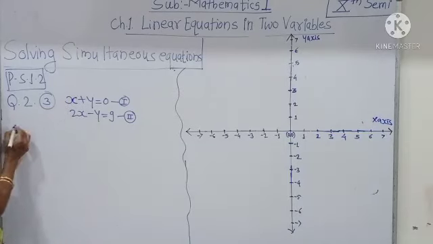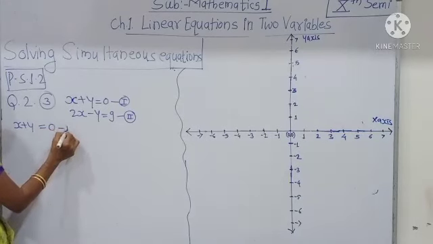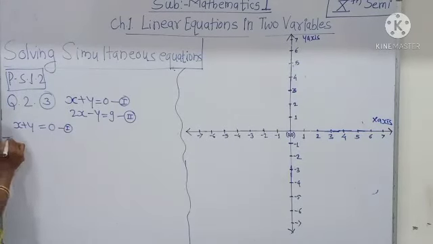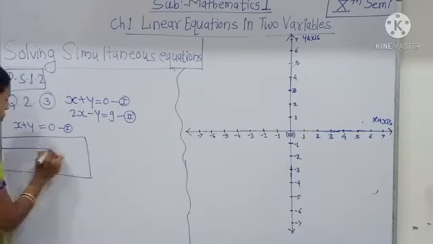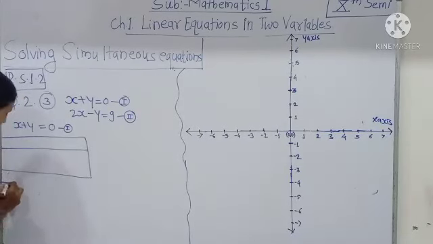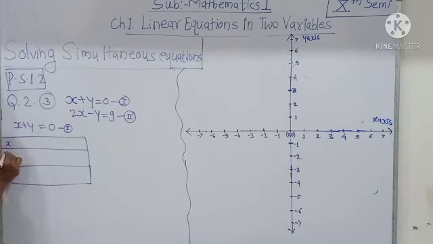For the first equation, that is x plus y is equals to 0, that is the equation number 1, we get a set of 4 ordered pairs, x, y coordinates.